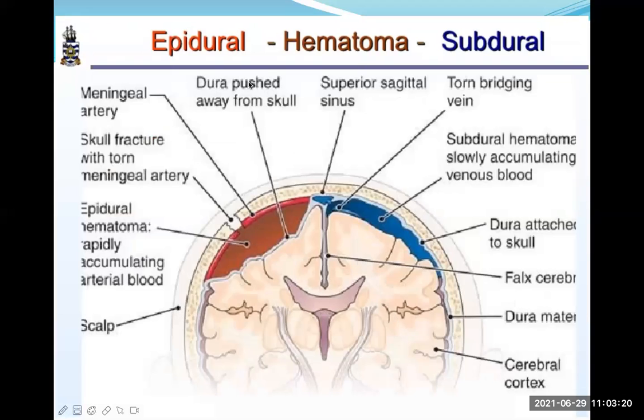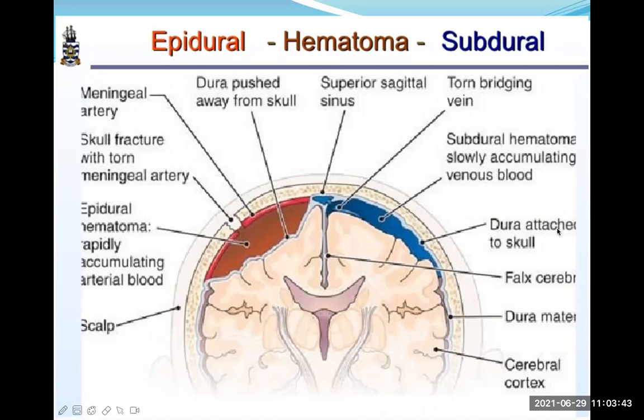Now, this slide is telling us the differences between epidural and subdural hemorrhage. See this, it is shown in red color, meaning it is the arterial bleeding. It is shown in blue color, it is venous blood. This is middle meningeal artery blood, and this is rupture of any bridging or emissary vein. Both of these may result in raised ICP.